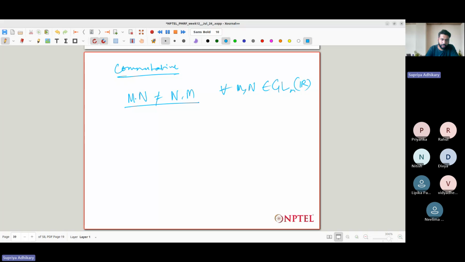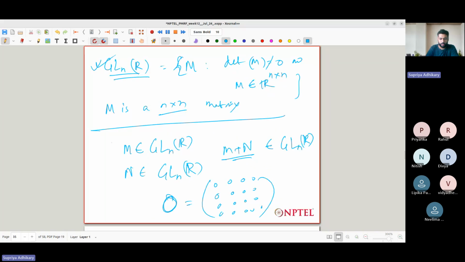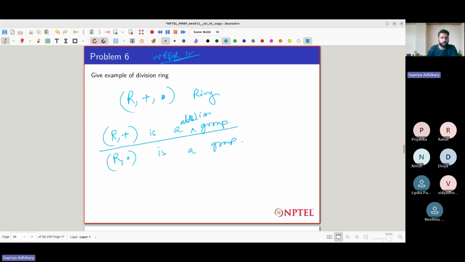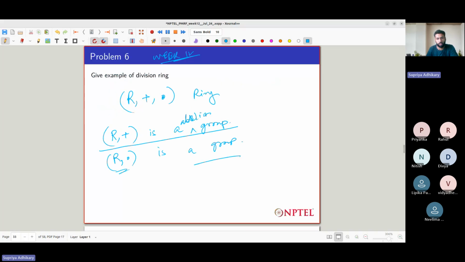That is, the commutative property is not there for this ring over here, and therefore such rings are called division rings. So the only difference between a division ring and a field is that in a field, this R dot is an abelian group. In a division ring, this R dot does not necessarily have to be an abelian group. Okay.